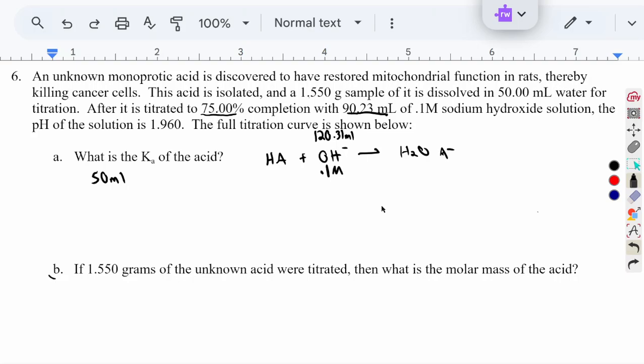We also need our Ka, which we calculated earlier, to be, I believe, 0.0331. I rounded a little when we did that, and I got a slightly different answer than the key.